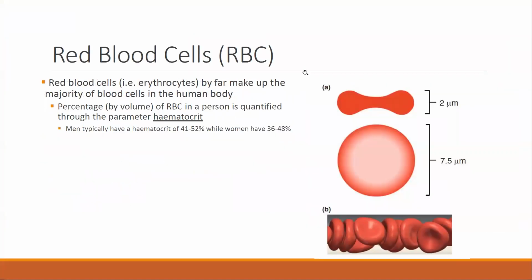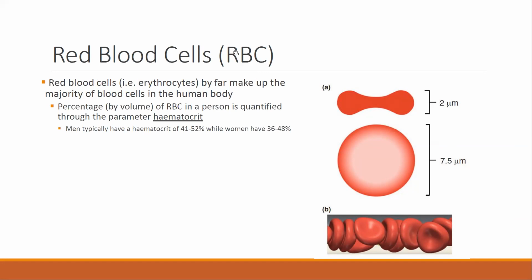Okay. So let's talk about red blood cells. The formal name for them is erythrocytes. By far, your red blood cells make up the majority of the blood cells in your body. If you quantify it by volume, the stat they use is called hematocrit.